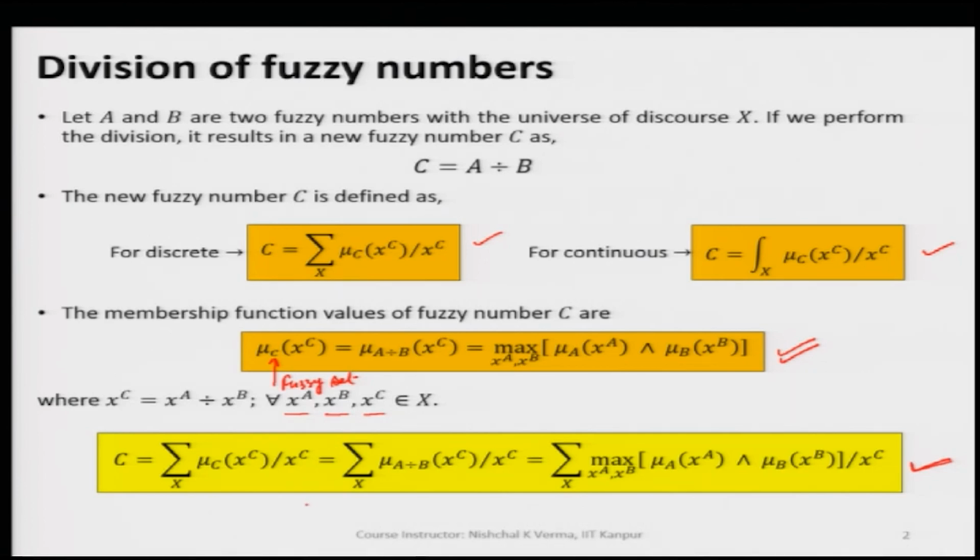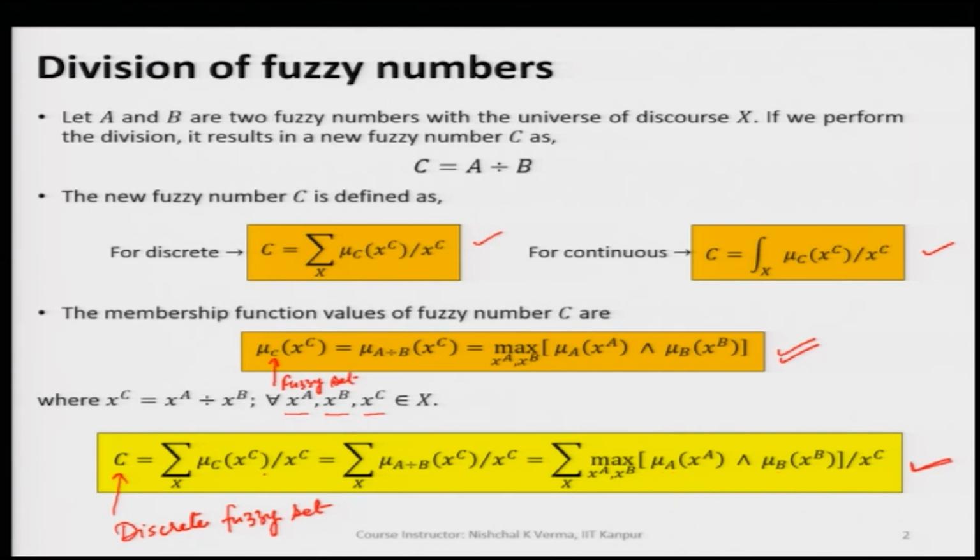When we take discrete fuzzy numbers, we get the discrete fuzzy set here, and A, B are the two discrete fuzzy numbers, whereas mu A, mu B are the corresponding membership values.